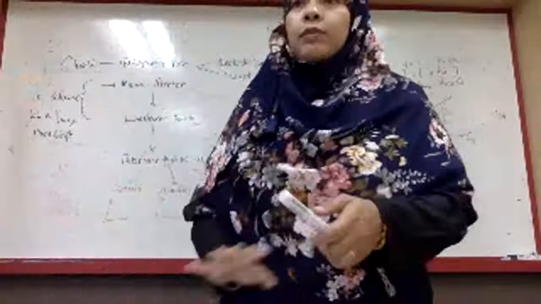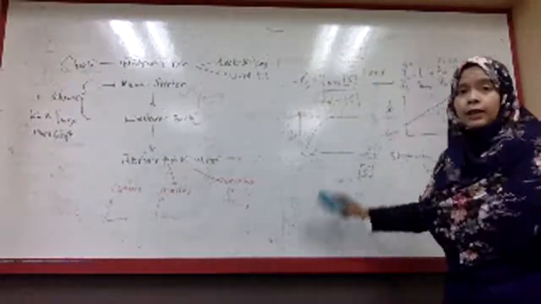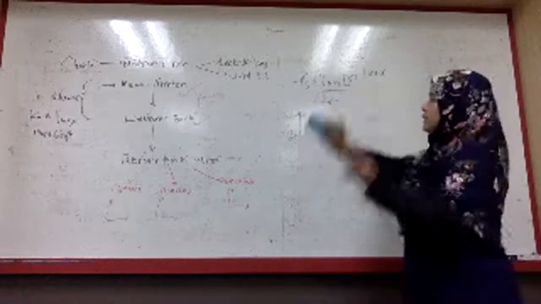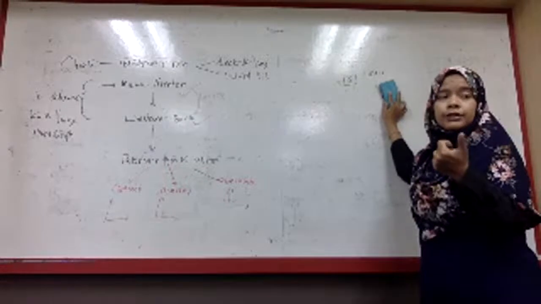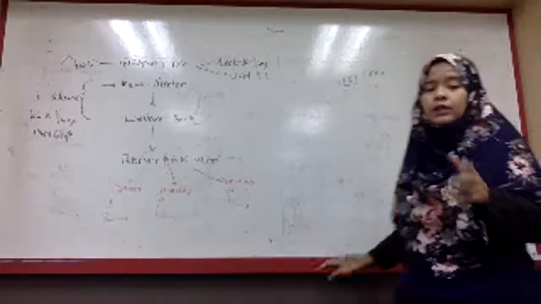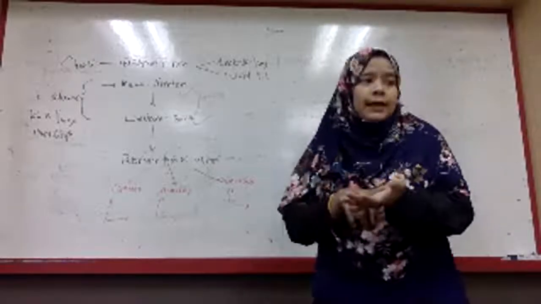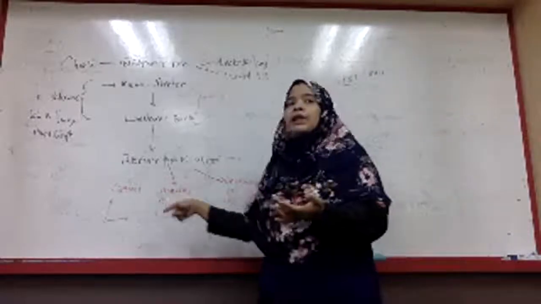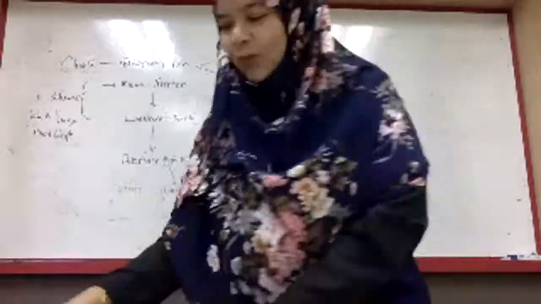We will use the same thing, the Lineweaver-Burk. It has two graphs because one is the enzyme graph, another one is the inhibitor. So we want to compare. What kind of inhibitor is that? By plotting the graph, is it competitive, non-competitive or uncompetitive?